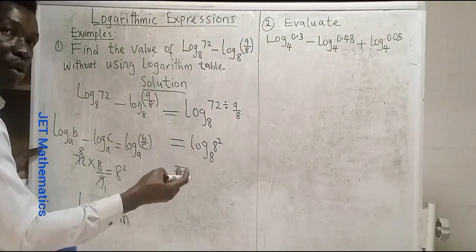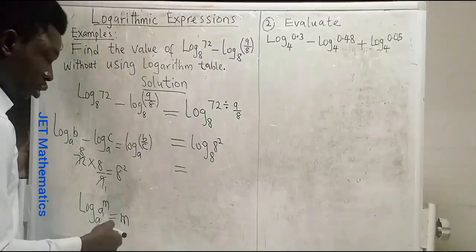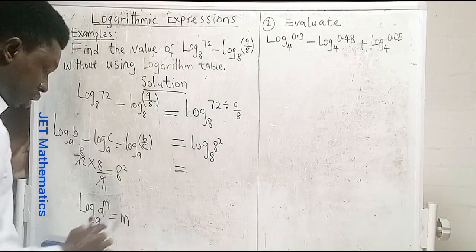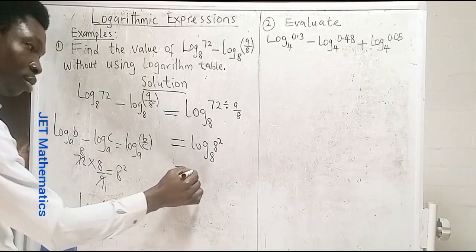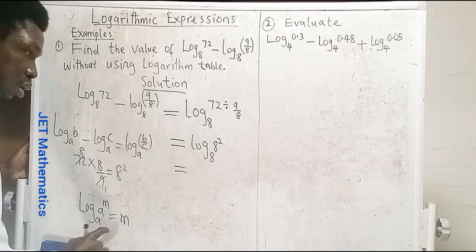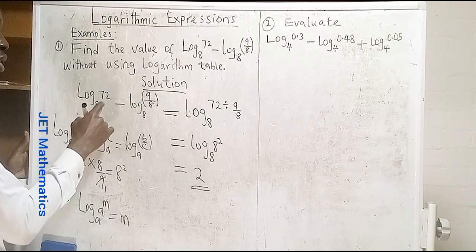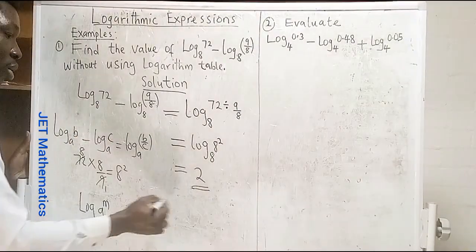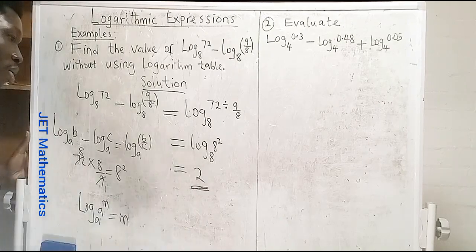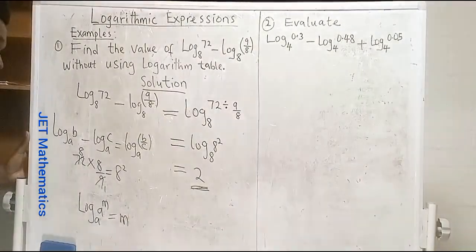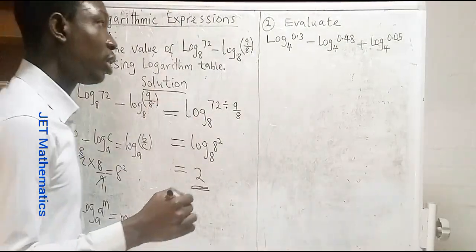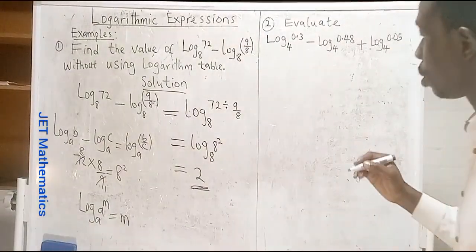Laws of logarithm, part 1, part 2, part 3, and part 4. So you see that there. So this gives us, and then using this law, this gives us 2. So this minus this is equal to 2. Very easy and straightforward.